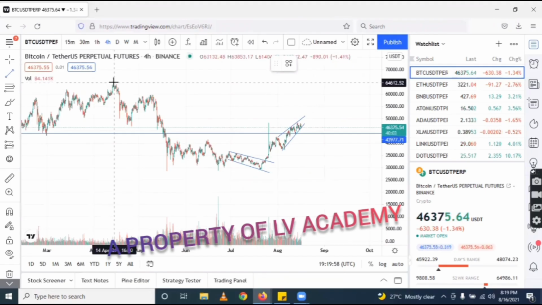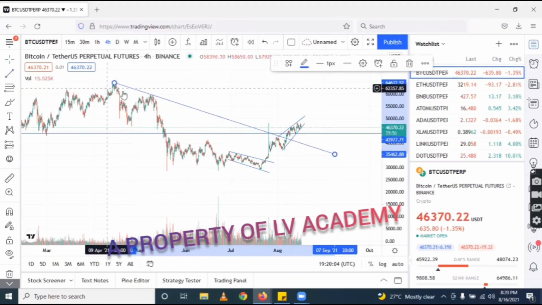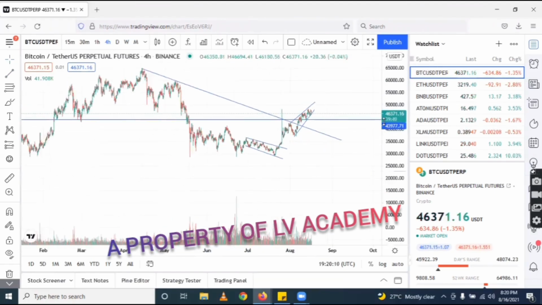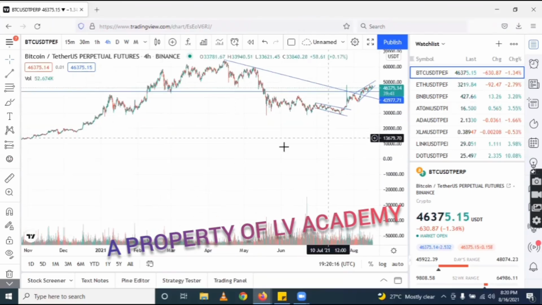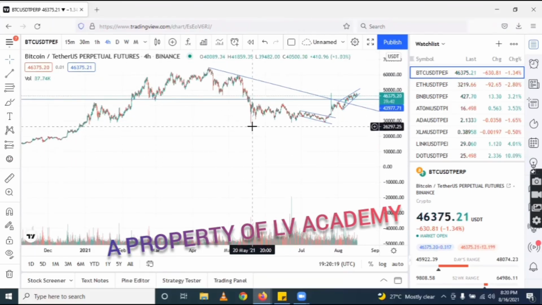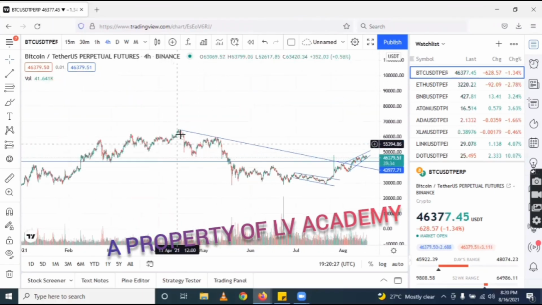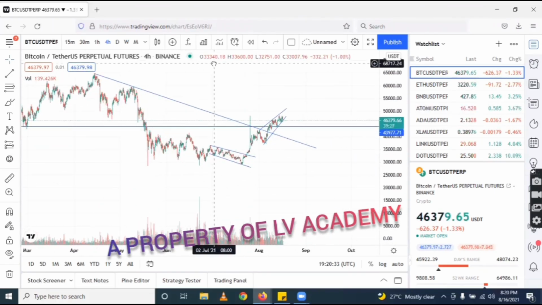As you can see, this is also a valid trend line. This is also a valid trend line. If I zoom out again, you should see more. As you can see, this is a very valid trend line.